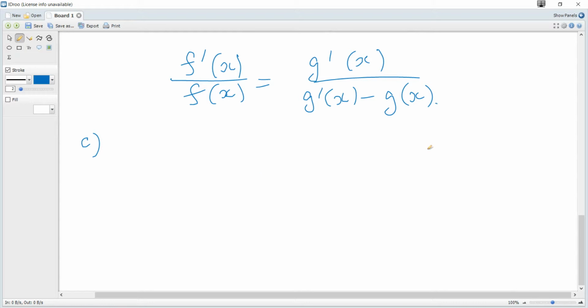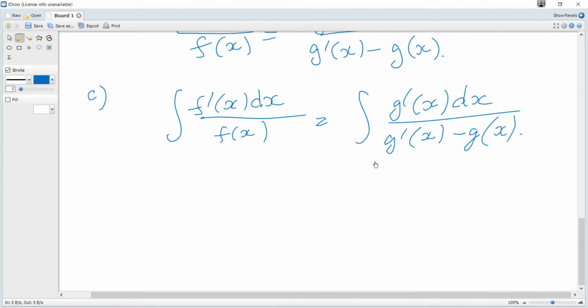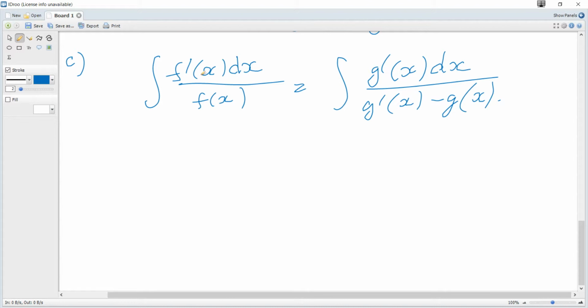So, since it is given we should integrate, let's integrate both sides. The integral of f'(x) dx over f of x is equal to the integral of g' over g' minus g. If you can see it, you may apply it directly, I mean the inverse chain rule.